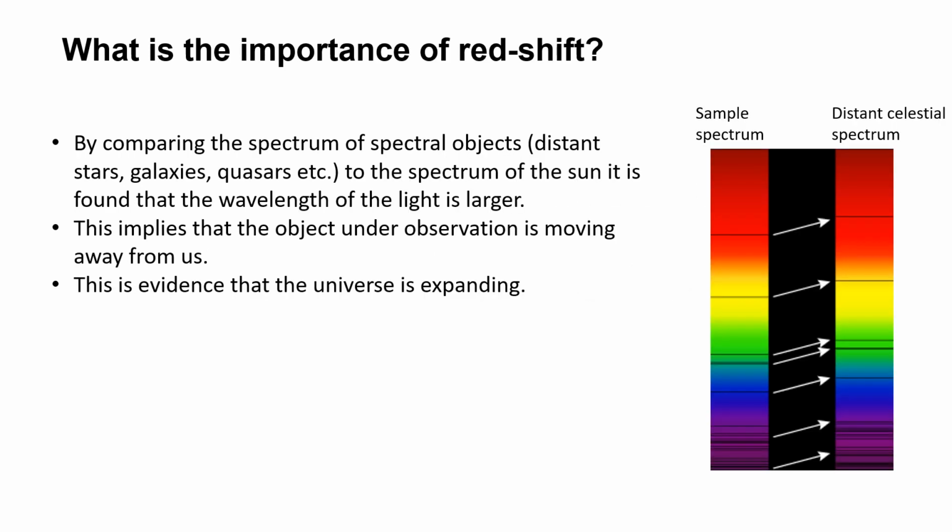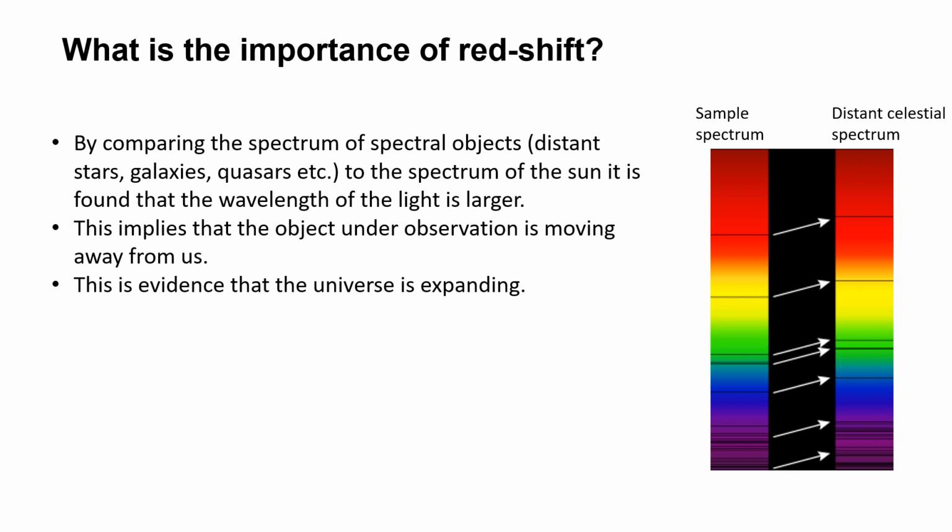So we've looked at what redshift is, but why is it important? Well, quite simply, comparing the spectrum of different spectral objects, so this includes distant stars, galaxies or quasars, to the spectrum of the sun, it is found that the wavelength of the light coming from these distant objects is actually larger.